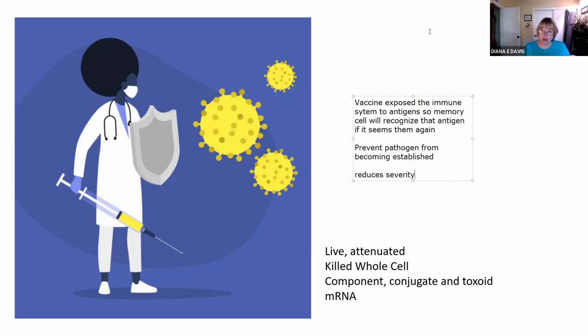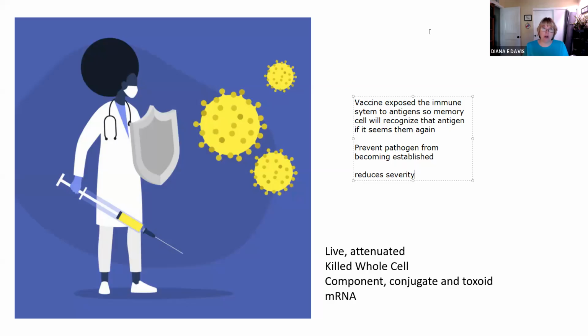Our third category, I kind of lump these 3 together: component, conjugate, and toxoid. There are subtle differences between these 3, but they all take part of the pathogen or part of a toxin produced and use that as the vaccine. These are very, very safe.